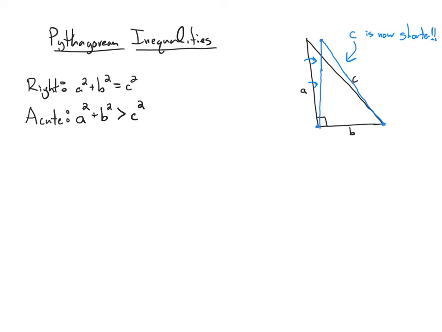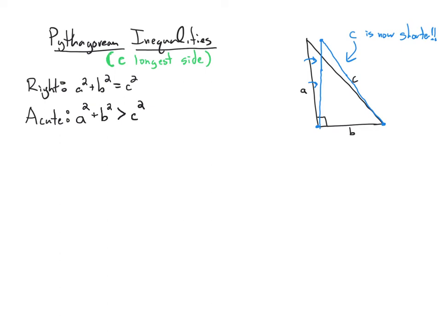And again, I just want to point out that really a hypotenuse you can only talk about if you have a right angle triangle. So we'll just say here for all of these that C is the longest side. Whenever I'm talking about C, I'm talking about the longest side. In a right angle triangle, it is indeed the hypotenuse. In an acute or obtuse triangle, it's just the longest one.